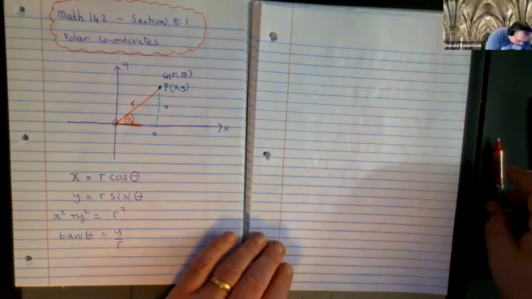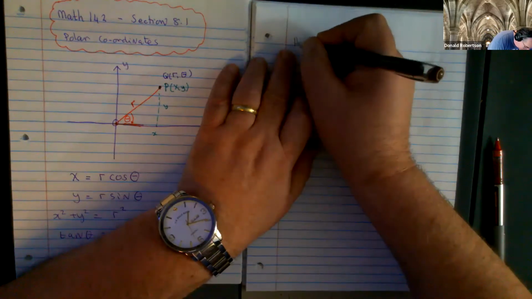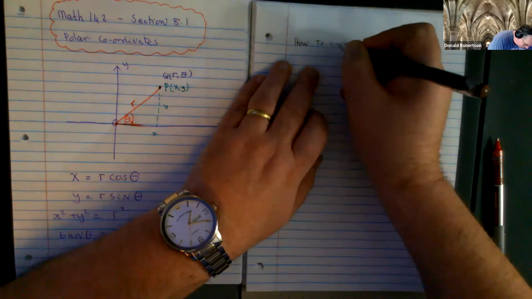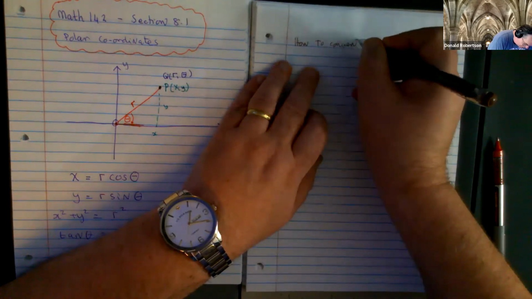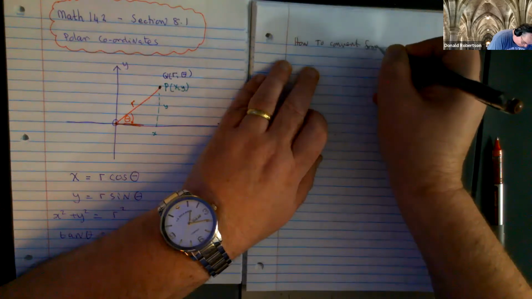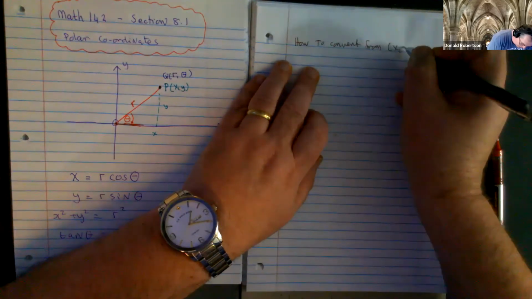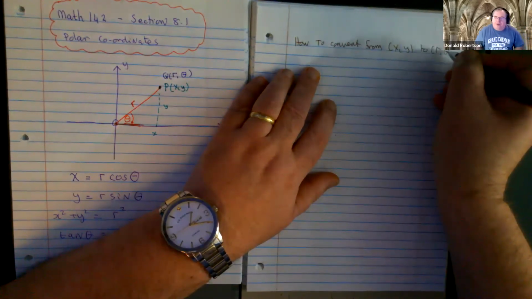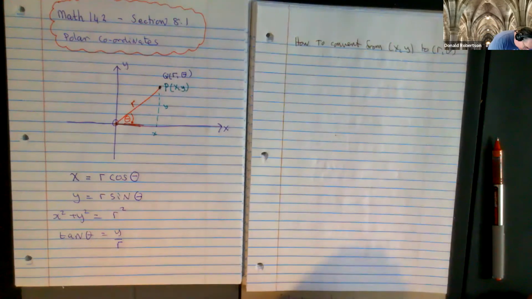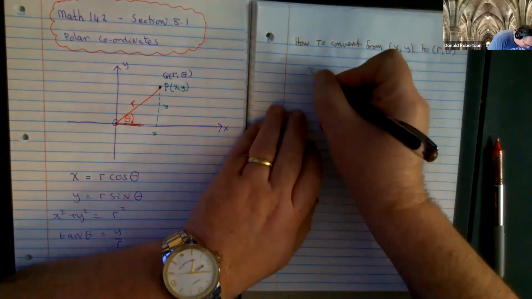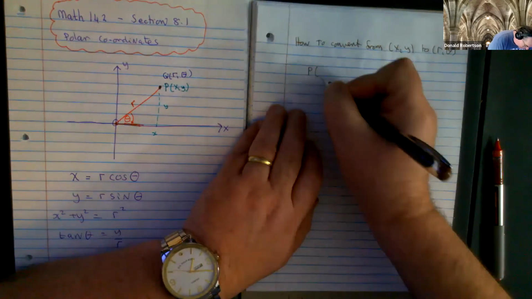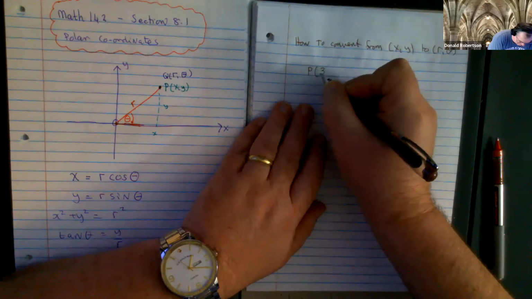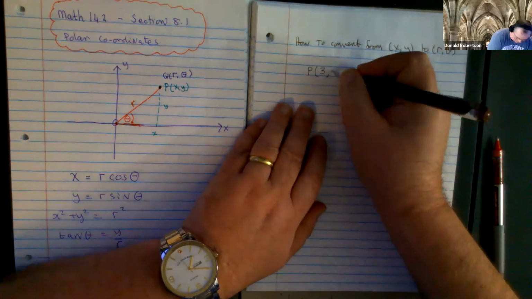So now let's look at this kind of problem. How to convert from Cartesian x comma y to polar r comma theta. So suppose I give you a point and its coordinates were 3 comma -3, right?